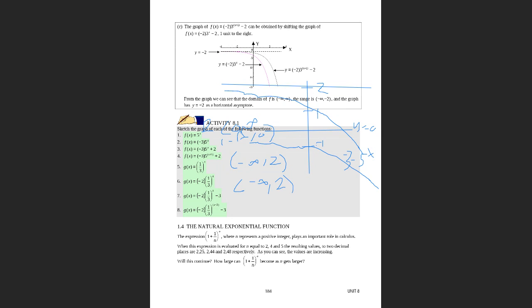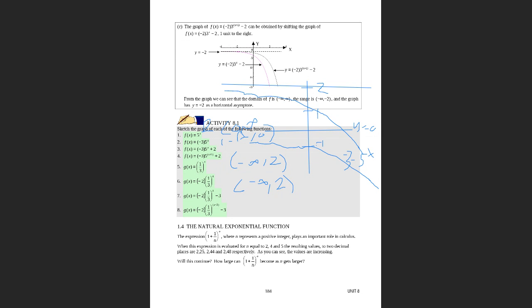But the domain, no matter what type of exponential graph you are dealing with, is always from negative infinity to positive infinity. Don't let us forget that if it's the inverse graph, you always have to swap the domain and range. The domain becomes the range, the range becomes the domain. This is an inverse function.